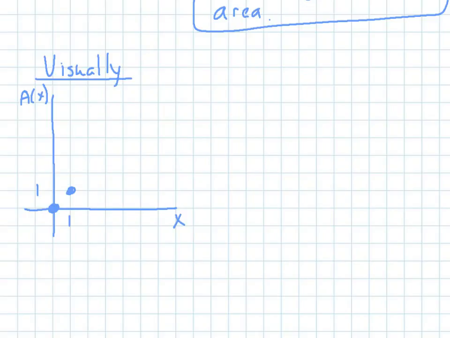If I plugged in 2, I would get 4. And if you got 3, you would get 9, so it would be all the way up there, okay? So that would be my graph. Pretty simple, right?